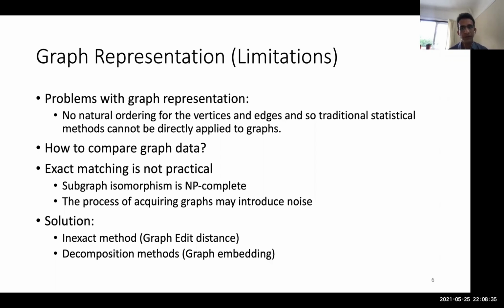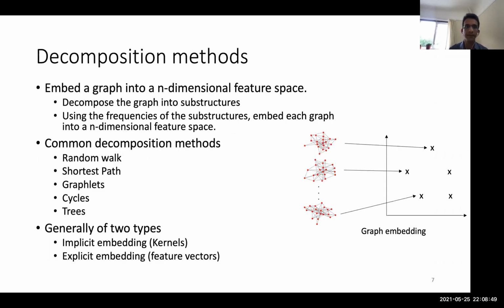To overcome these problems, two widely used approaches are inexact methods and decomposition methods. My research focus was decomposition methods, so I'm going to discuss them in some more detail here.